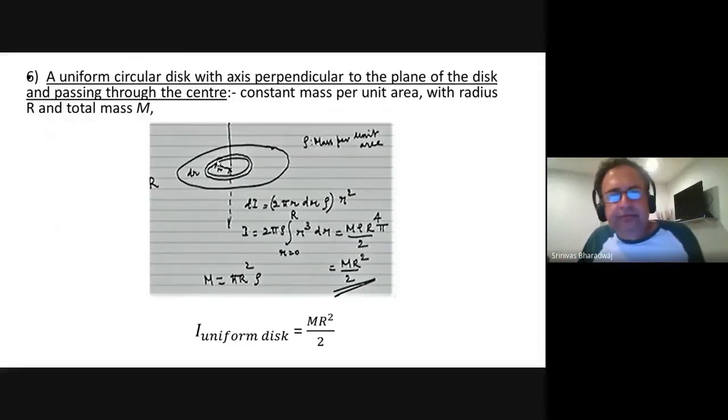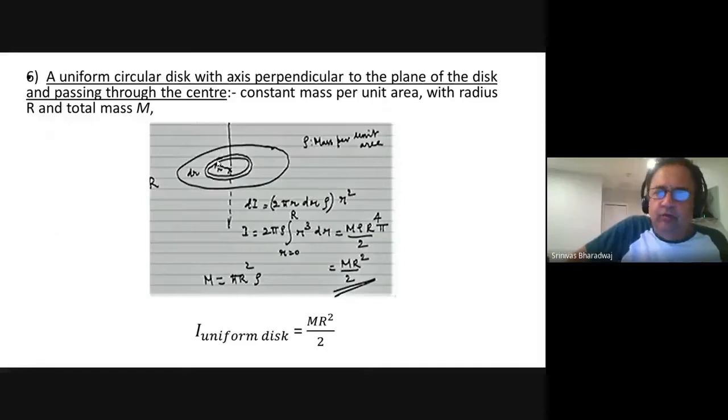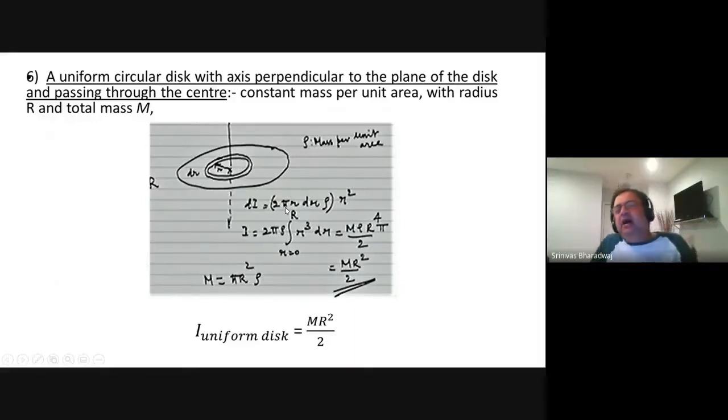Times rho, mass per unit area. So 2 pi r dr times rho is dm, and dI is equal to r square dm.